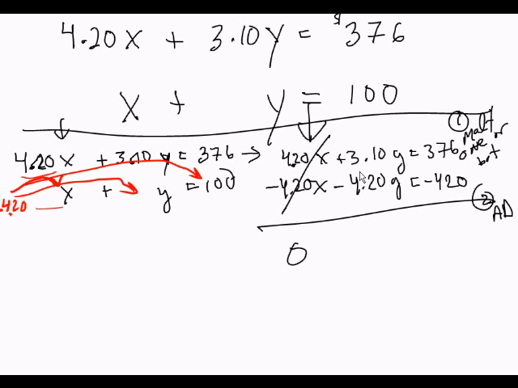Step two, we're going to add going down. 420 minus 420 turns into 0. 310 minus 420. So $3.10 minus $4.20 equals a negative $1.10 of the y's. 376 minus 420 equals a negative 44.